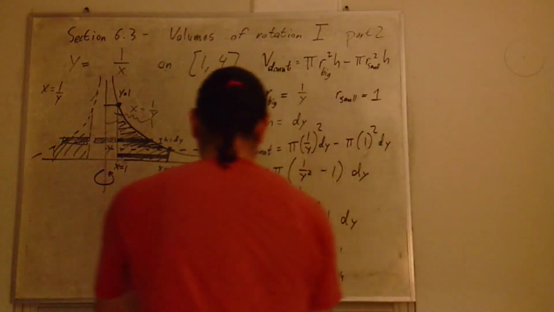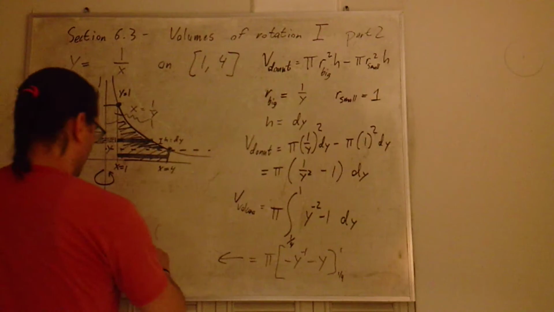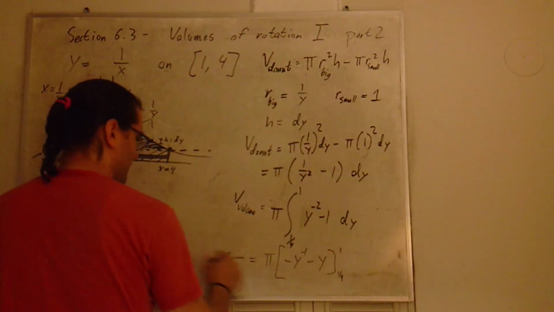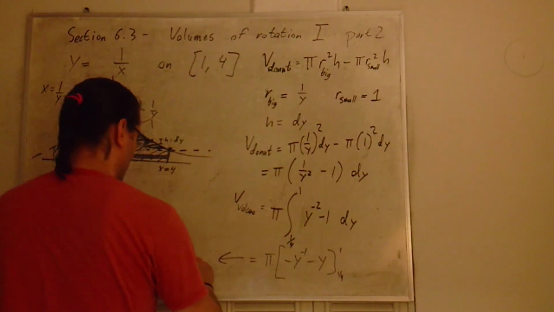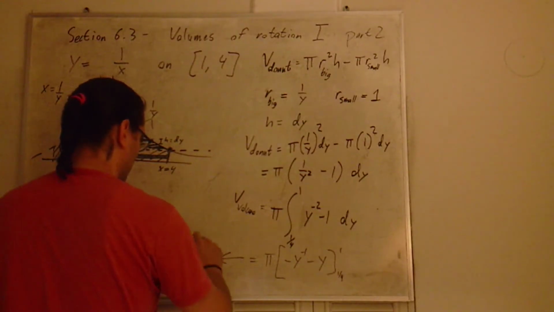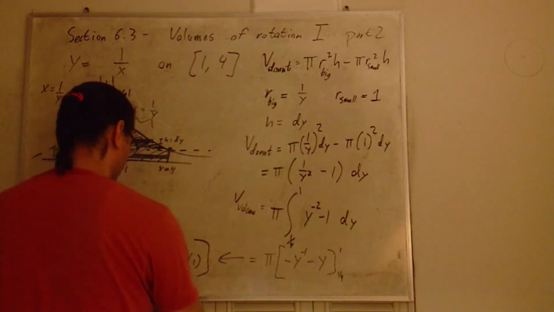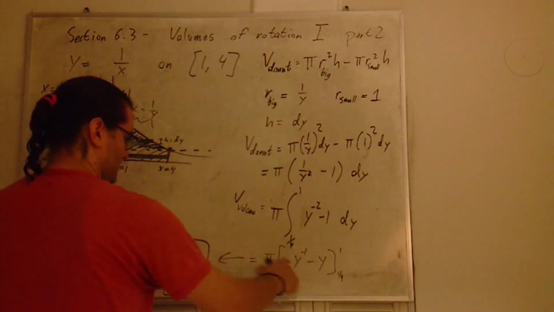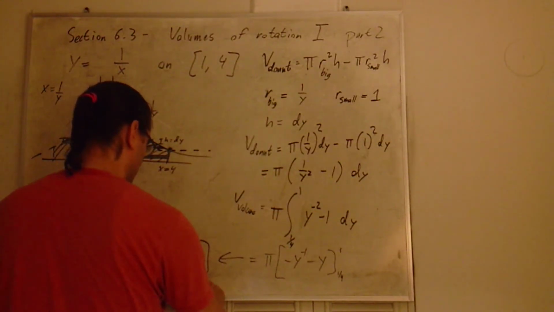I'll have pi times negative 1 over 1 minus 1. That's what happens when I plug in 1. Minus pi times, 1/4 to the negative 1 is 4, so that'll be negative 4 minus 1/4.